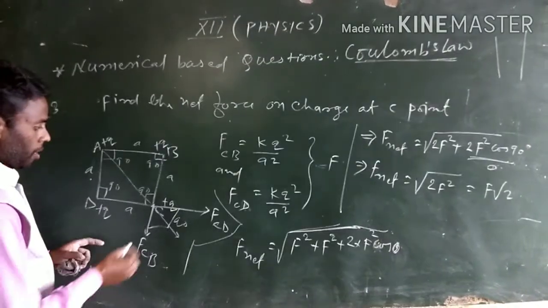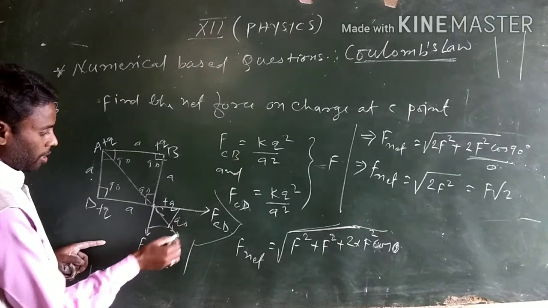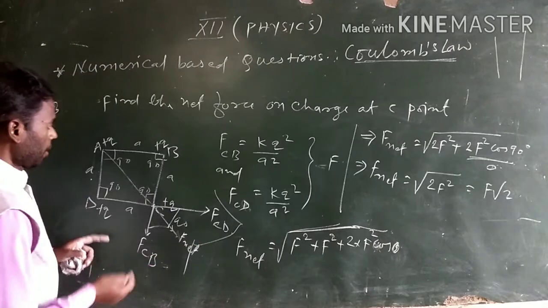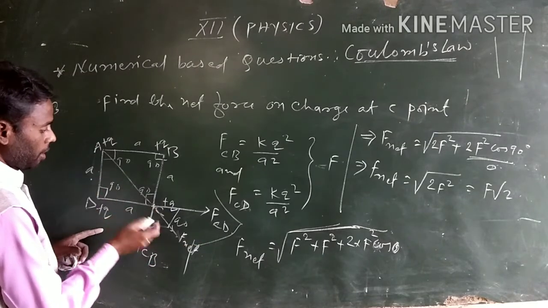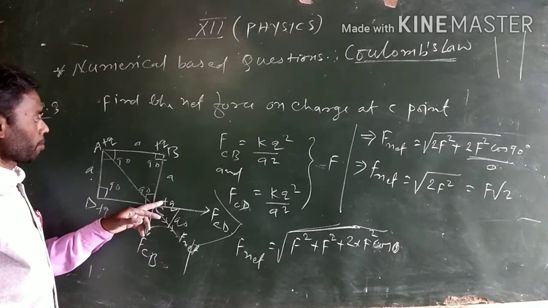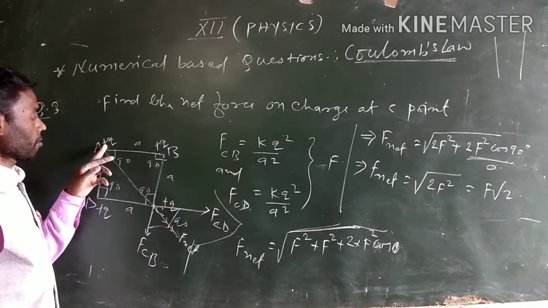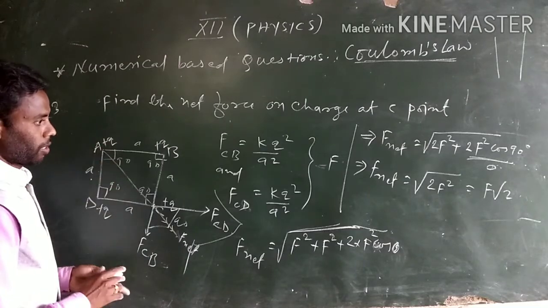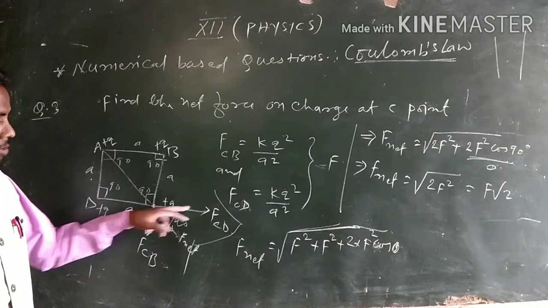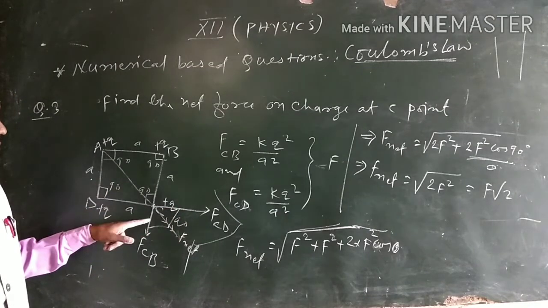And the next thing is there. Suppose this net force is F net. Due to this one, the direction of the force will be this side. How? Because there is a plus Q charge here, and here also there is a plus Q charge. The reason will be the same. For that, we have to add the net force between these two plus this force.